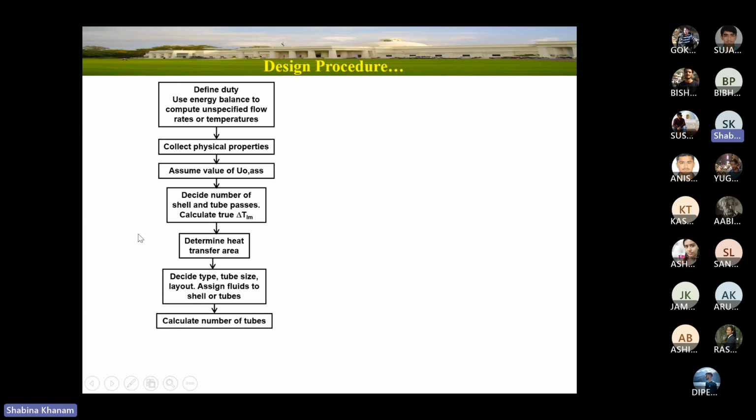Once you know the tube dimension, you can find out the number of tubes, because you already know the heat transfer area. Once you know the number of tubes, you can find out the shell diameter, because as we have just discussed, shell diameter will depend on the NT value, number of tubes. So you can calculate the shell diameter.